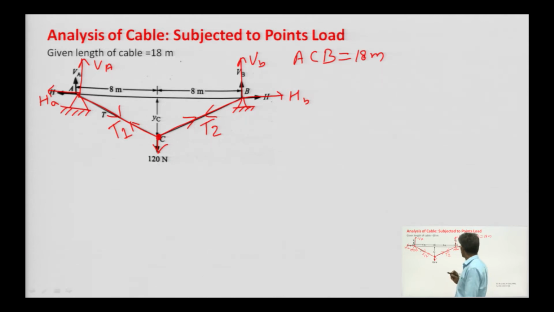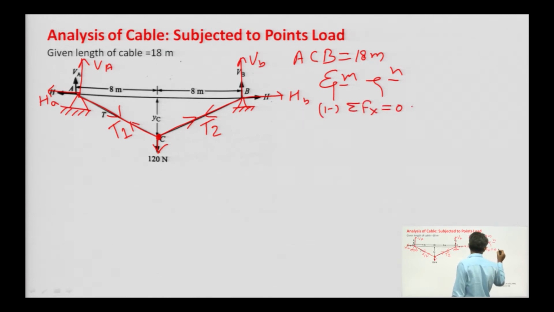Equilibrium equations, we know that these are the equilibrium equations. Number 1, sigma Fx equal to 0. If we apply sigma Fx equal to 0, then what will we get? We will get HB, taken as positive because it is acting in the positive direction, and HA taken as negative.